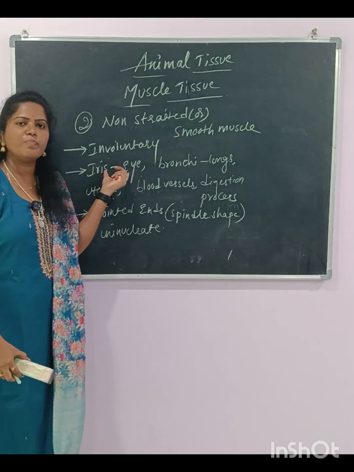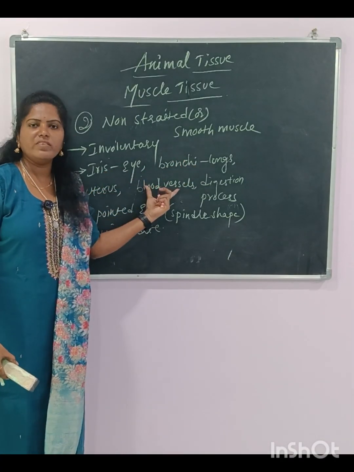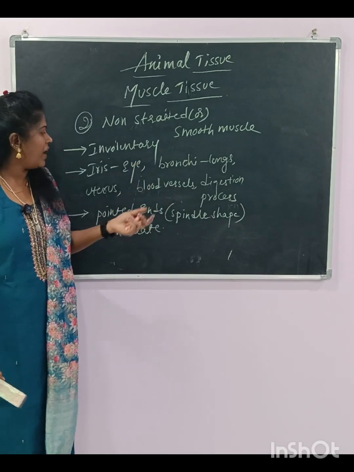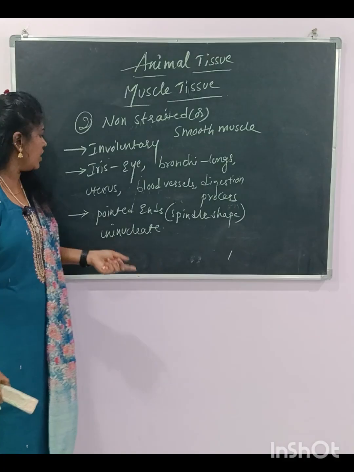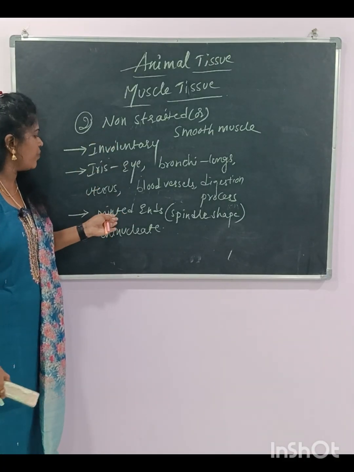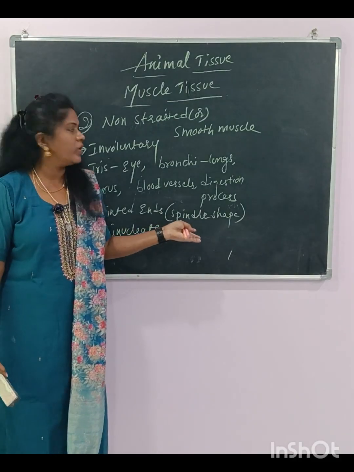We can find these muscles in the iris of the eye, bronchi of lungs, uterus, blood vessels, where contraction and relaxation make blood flow through the blood vessels, and in the digestion process, the movement of the alimentary canal. If we observe the shape of the non-striated muscle, it has pointed ends, that means spindle shape, and is uninucleated.